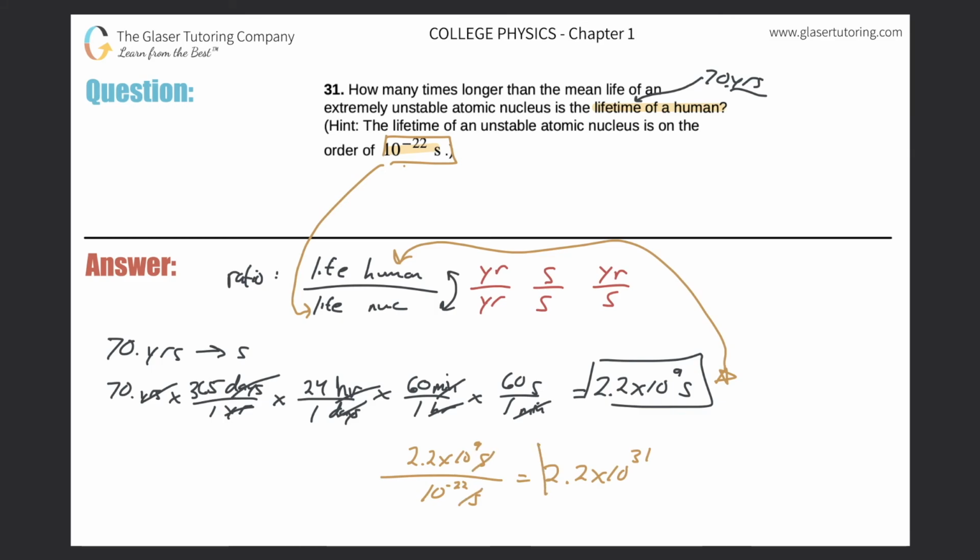So what this tells me, and I can put this over 1, is that whatever time unit I use for the nucleus down here, it would be the equivalent time unit in the numerator for the human lifetime. So essentially, the human lifetime is 2.2 times 10 to the 31 times larger than the lifespan of an atomic nucleus. I've never been so happy to be human before.